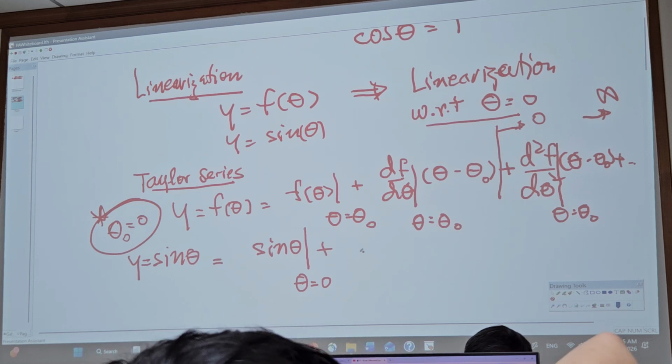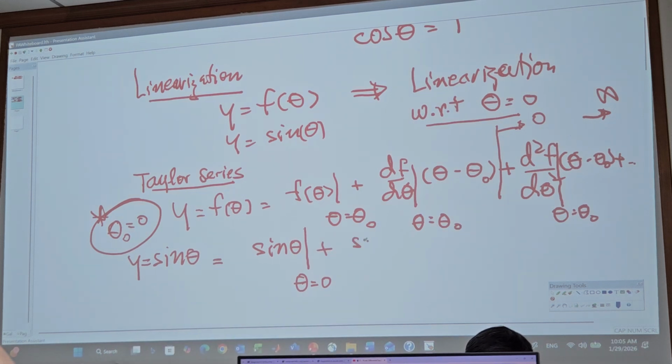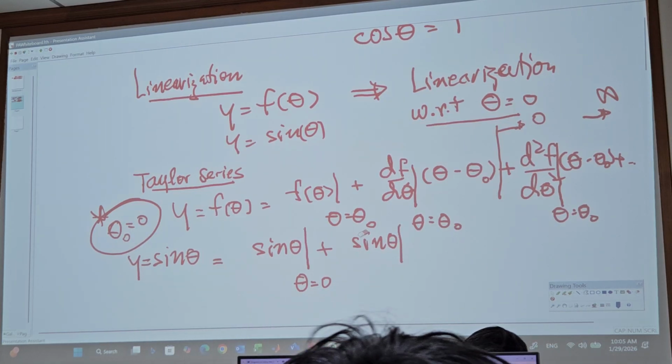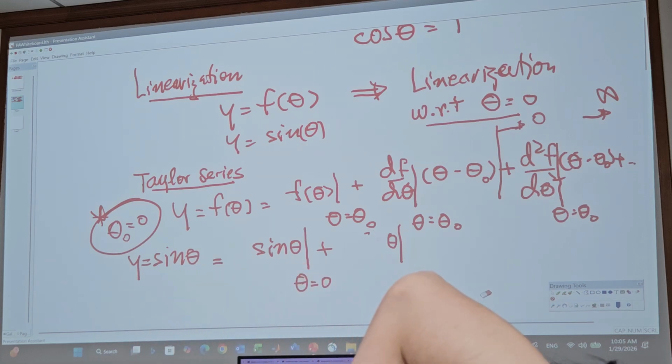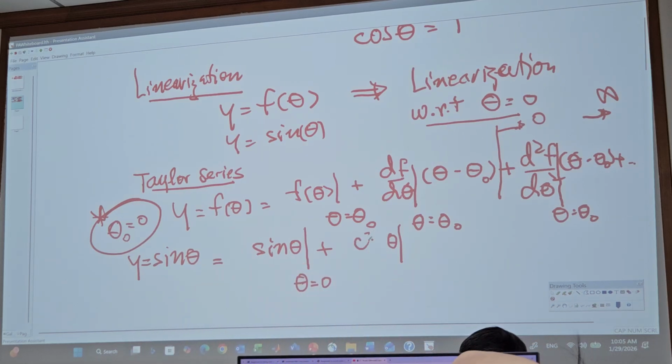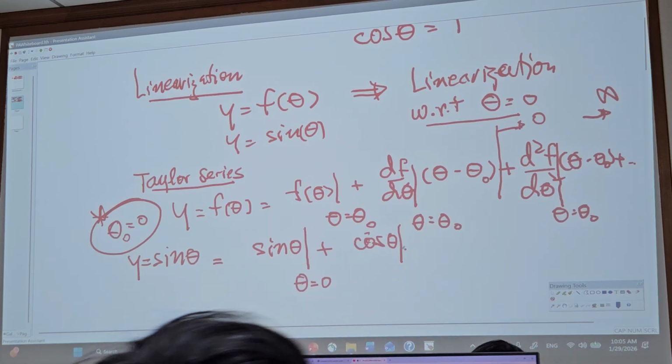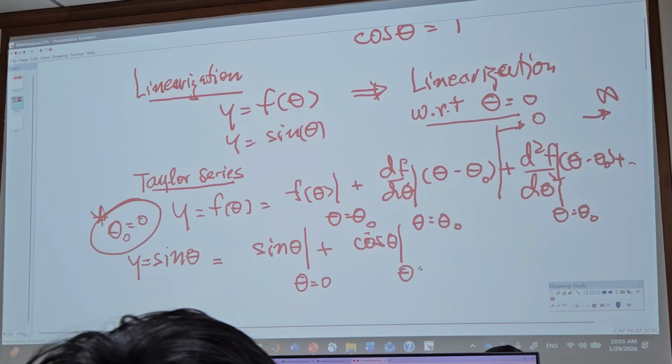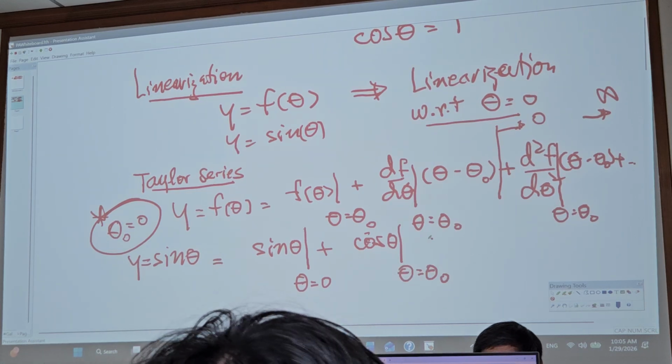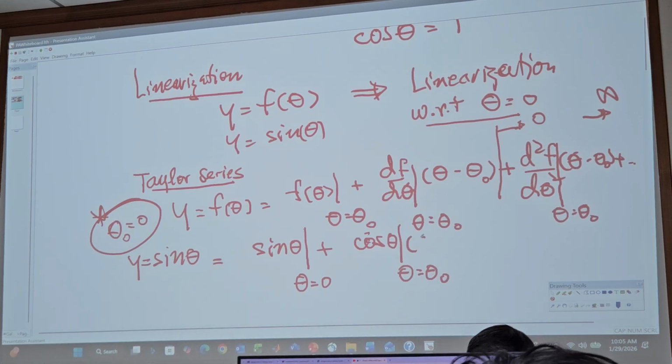Plus sine theta, no, cos, sorry. It should be cos theta, at theta equals 0, times theta minus 0.